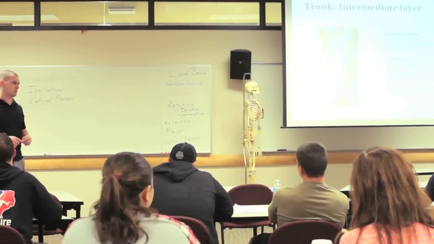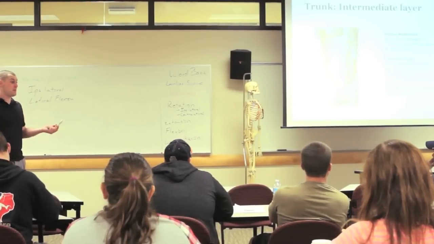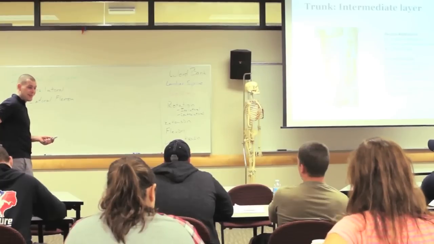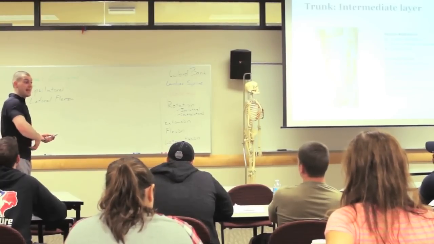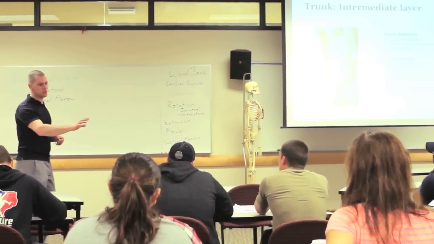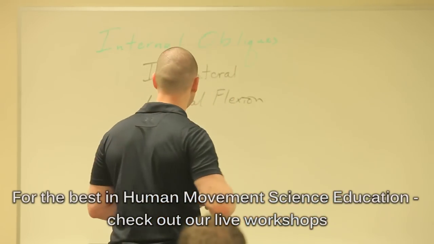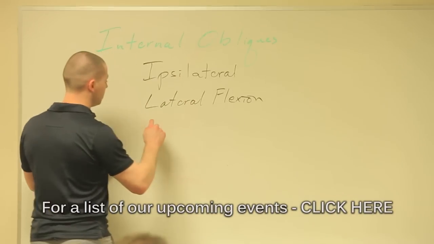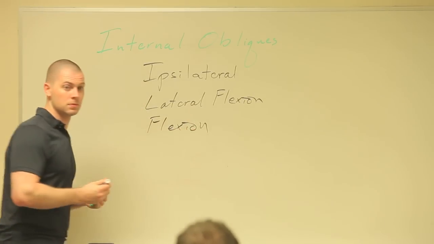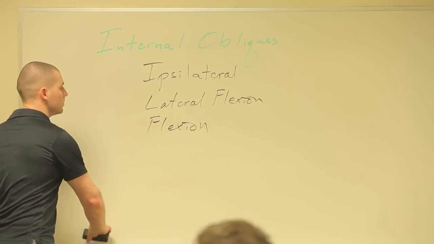Why flexion? Because it's still in front of the lumbar spine, right? Remember, your lumbar spine is way back here. So all these anterior core muscles that we give so much attention in the popular media are pretty much all flexors. Everybody's got this?